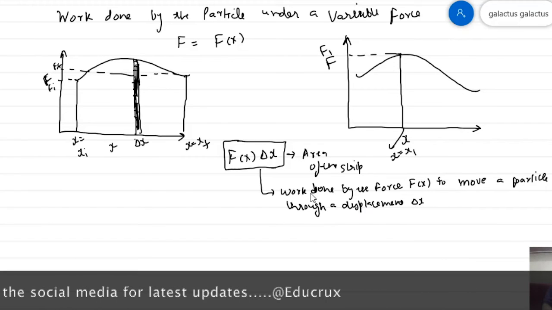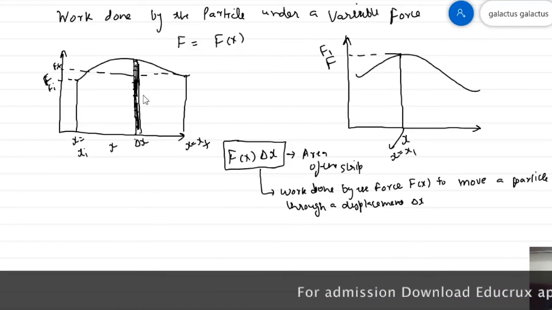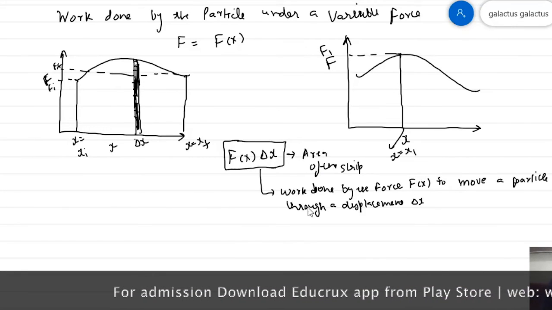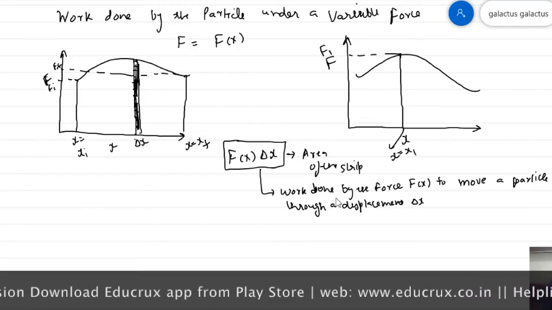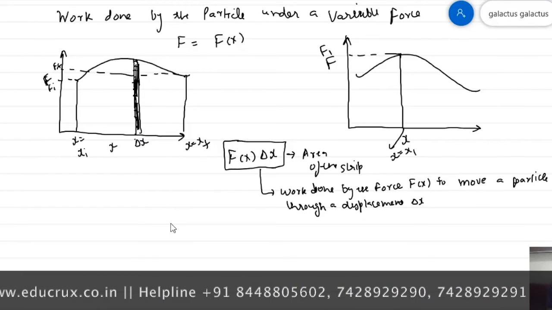So we have basically two different meanings. One is geometric and one is based on physics. F(x) delta x represents the area of the strip, and the other definition is the work done by the force F(x) to move a particle through a displacement delta x.